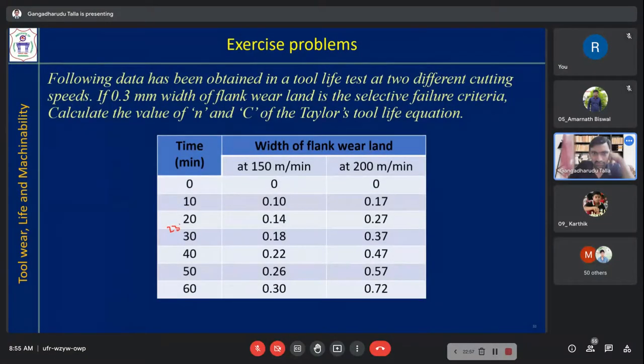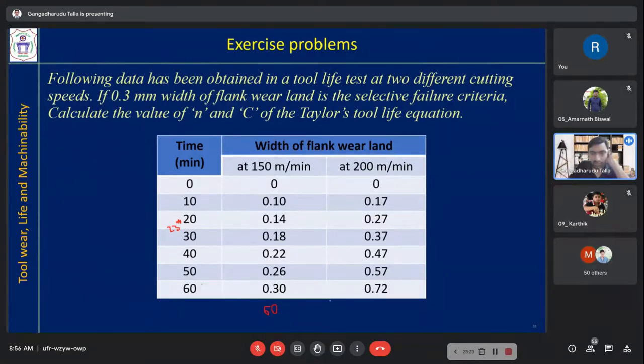So is it clear to all of you? Any doubt here? No, sir. Okay. You are getting 23. Now it is done almost. So here, 0.3 flank wear land is the failure criterion. Calculate the value of n and C. For the first case, 60 minutes is the tool life.